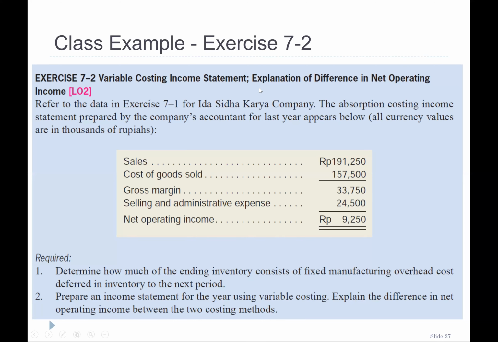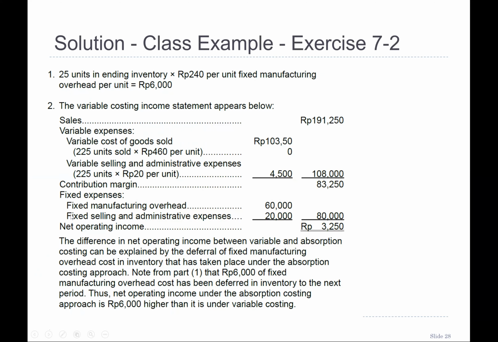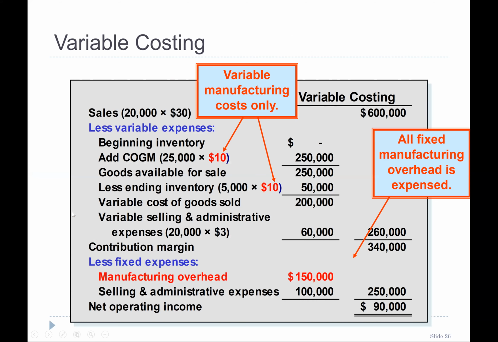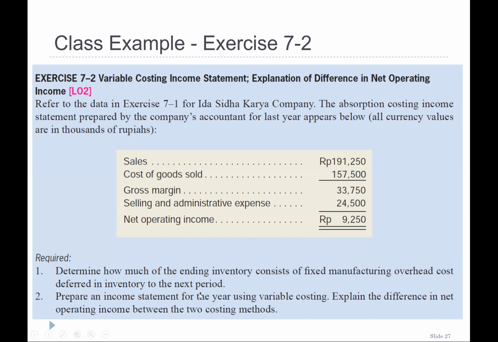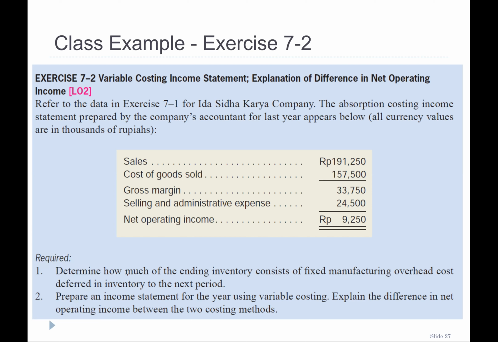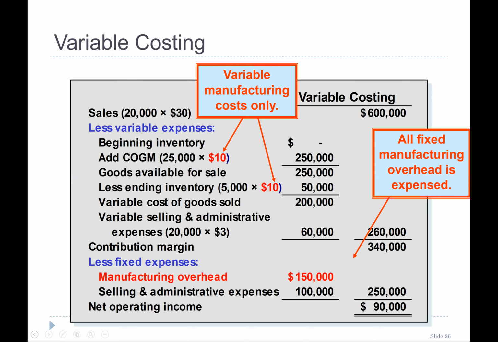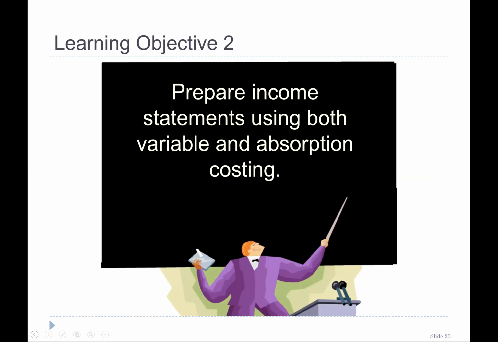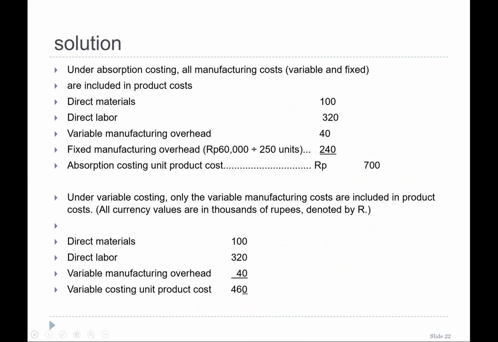Hello and welcome back to our breakout room activity. So let's compare our answer here. For one here, determine how much of the ending inventory consists of fixed manufacturing overhead cost. For this one, you need to go back to our 7.1. You see here, the manufacturing overhead is 700 and also fixed manufacturing overhead 240.